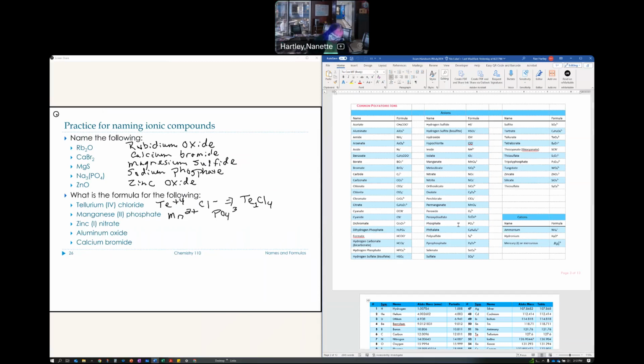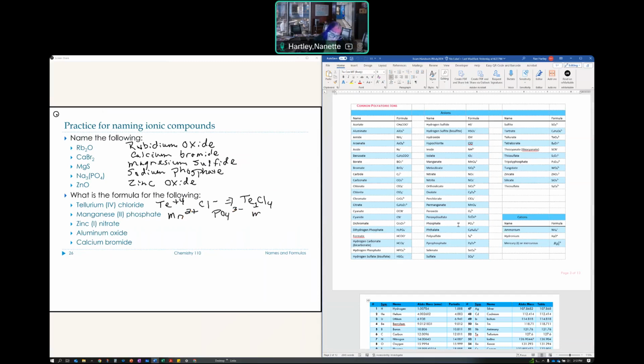PO4 3 minus. So I need to put together that Mn 2 plus and the PO4 3 minus and make that neutral. So the 2 here is going to become the subscript on the phosphate, and the 3 here is going to become the subscript on the Mn.